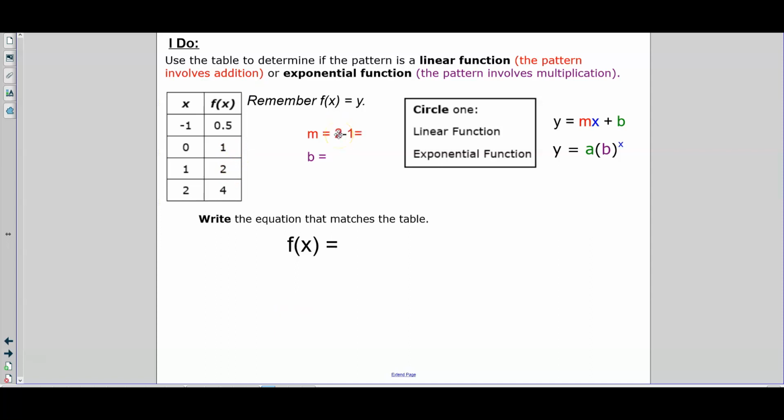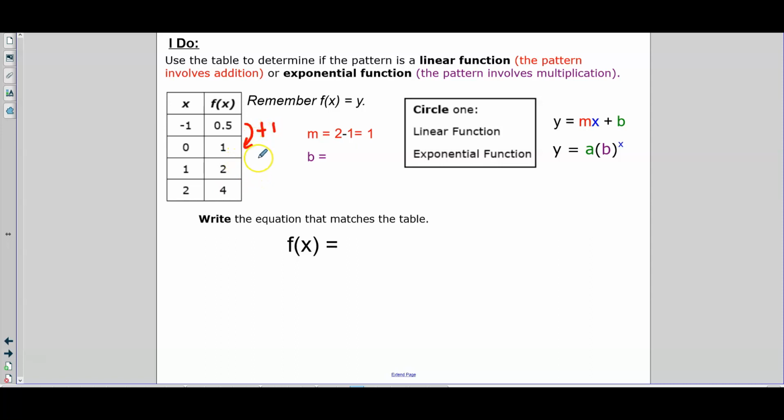And keep in mind, if I subtract 2 and the 1 above it, that'll give me an answer of 1. So what that means is I can come back over here. If this is a linear function, then this thing should be plus 1 to get the next number, which works for this one, right? Because half plus 1... oh, maybe that doesn't work.